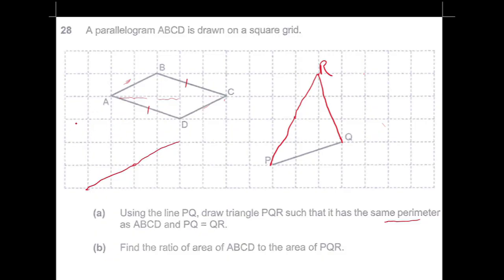So triangle is equal to half base times height. My base is 1, 2, 3, 4, 5. My height is 1. So it's half times 5 times 1. I got two sets exactly the same, so I times 2. So 2 and 2 cancel. 5 times 1 is 5. So this is 5 units.